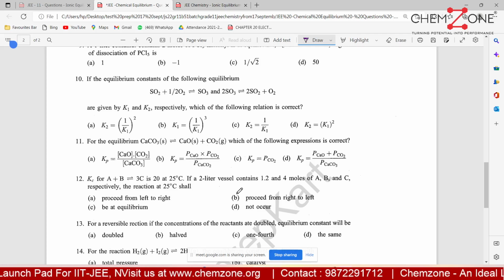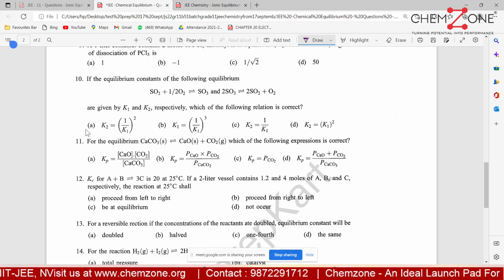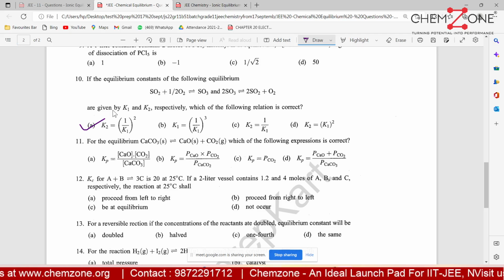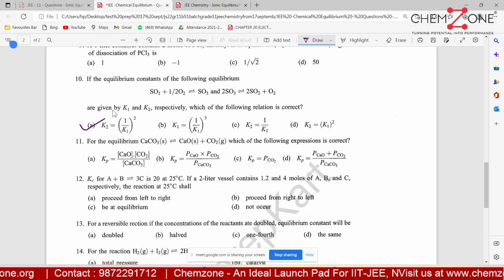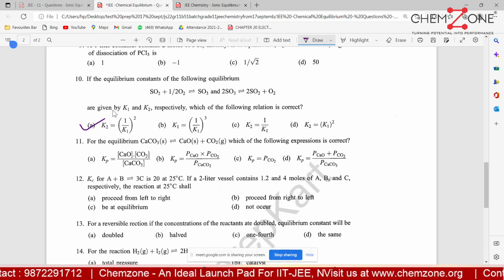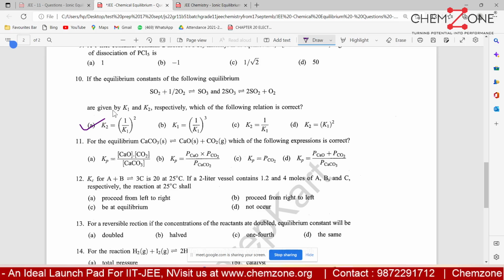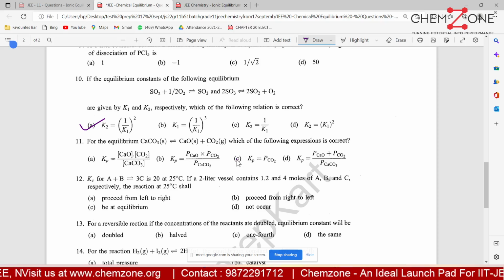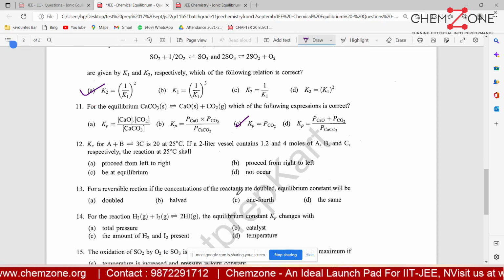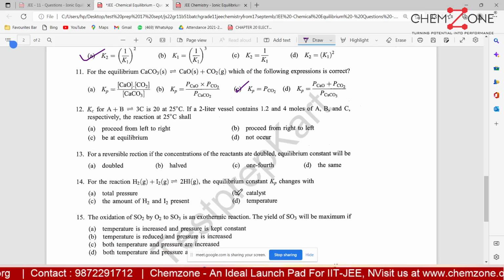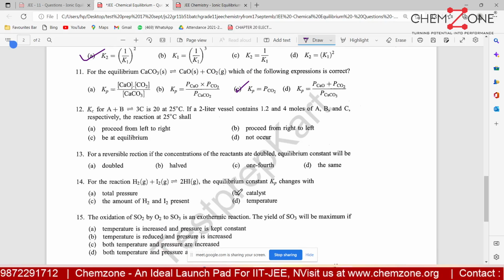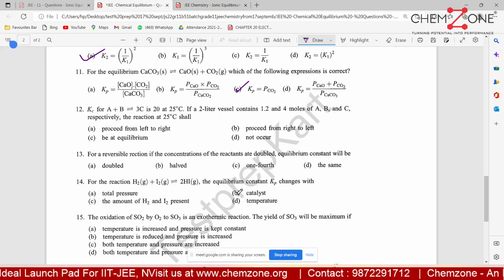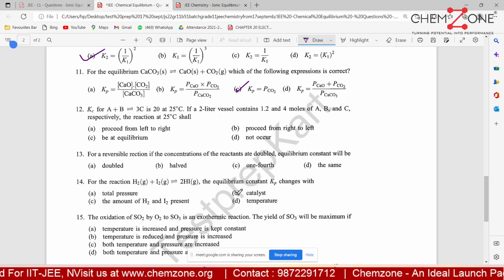Because first they're reversing it, and after that they're multiplying by 2. Good. 11th question. So option C. Solids do not have any pressure. Yashita, are you getting this? Yes, sir. So do liquids have pressure? No. Pure liquid and pure solid, their pressure is not considered. Okay, sir. 12th question.